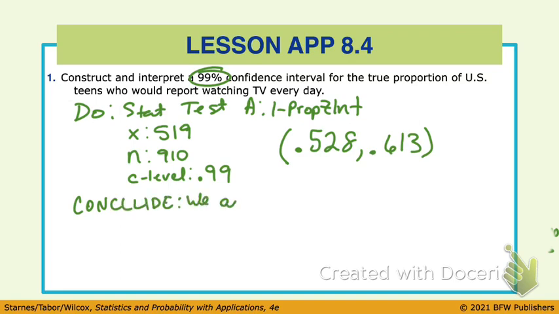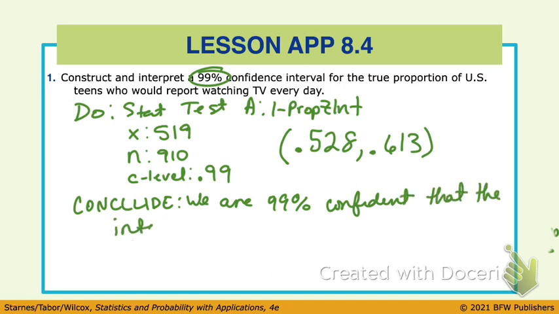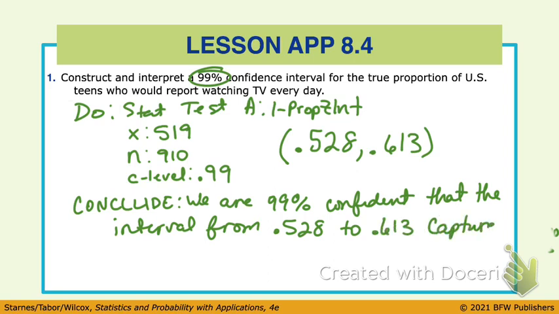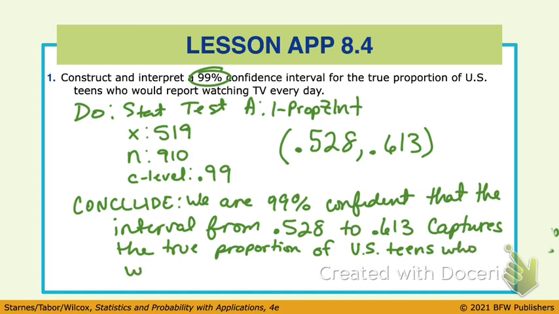This is our sentence. We are 99% confident that the interval from 0.528 to 0.613 captures the true proportion of U.S. teens who watch TV daily.